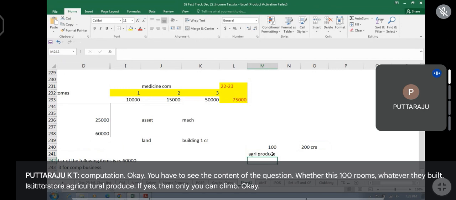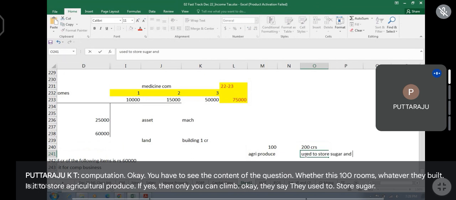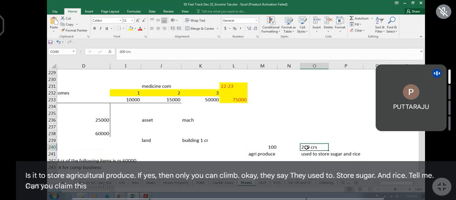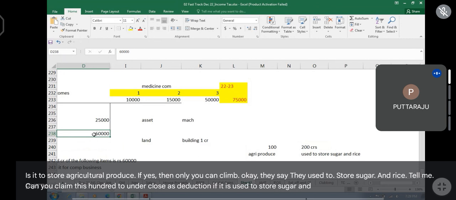Okay, they say they used it to store sugar and rice. Tell me, can you claim this 200 crores as deduction if it is used to store sugar and rice? Yes, sir. Why?